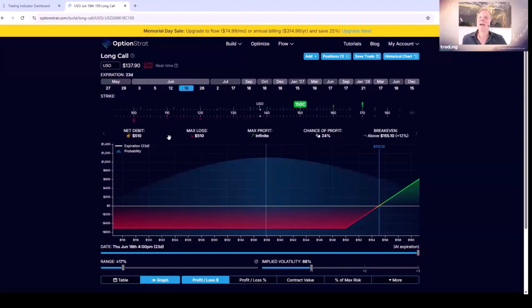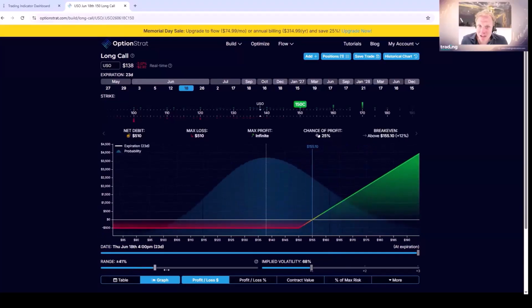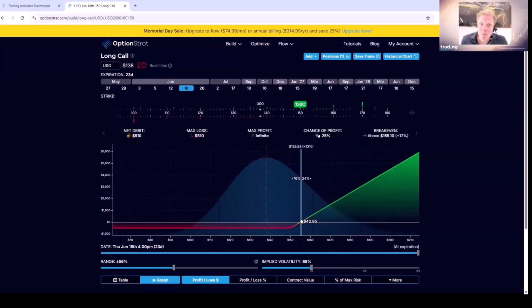But of course, for us to profit off this trade, look how far the price of USO needs to go up in order for us to only break even. So in this case, for example, the break-even point for a strike price of 150 would be at $155 at expiration. That's quite a ways to go. From 138 to 155, maybe not the best idea.